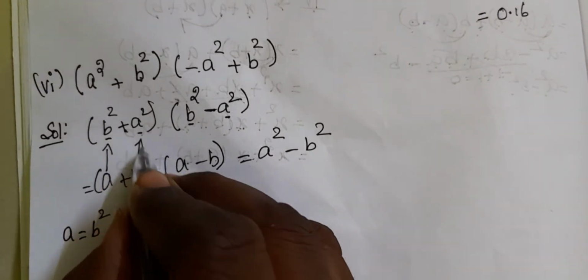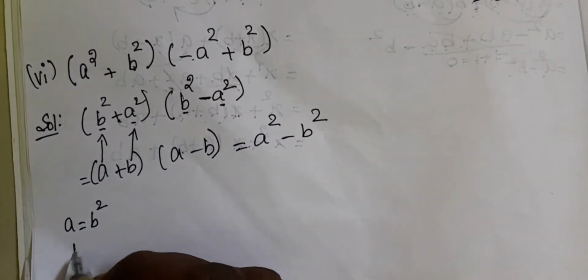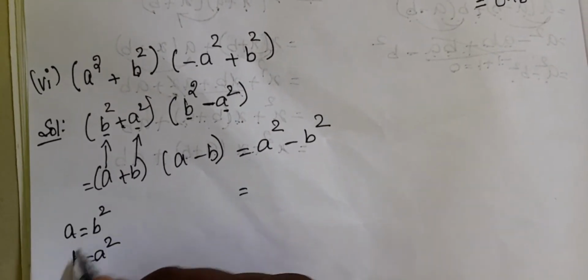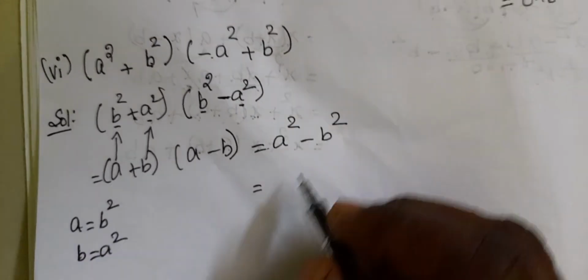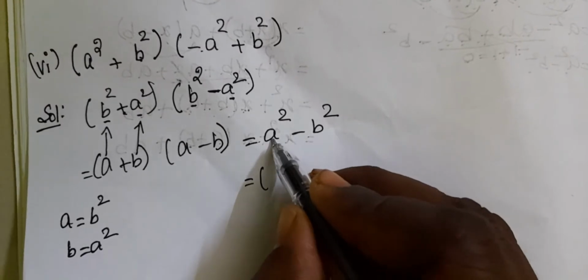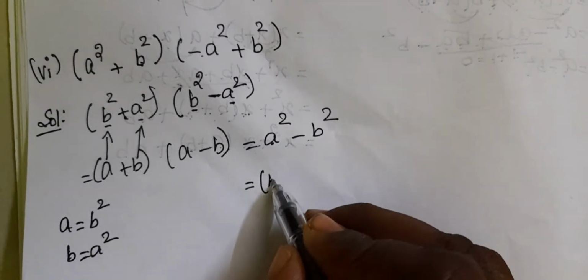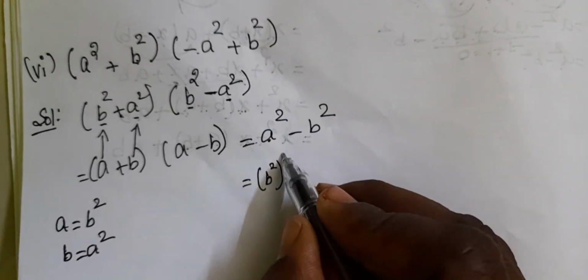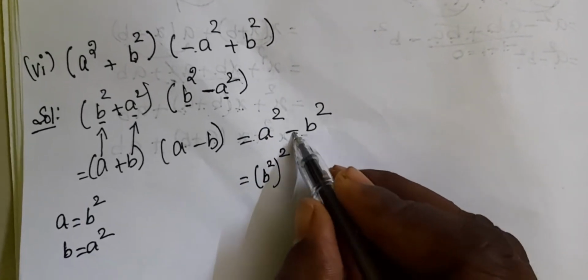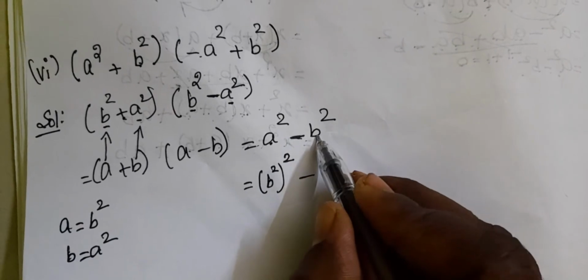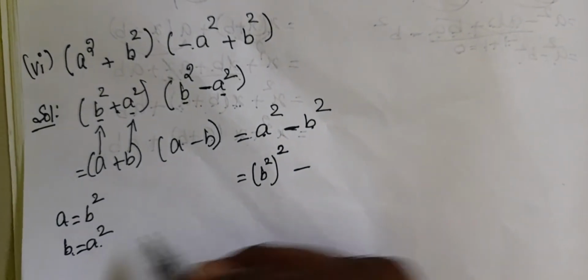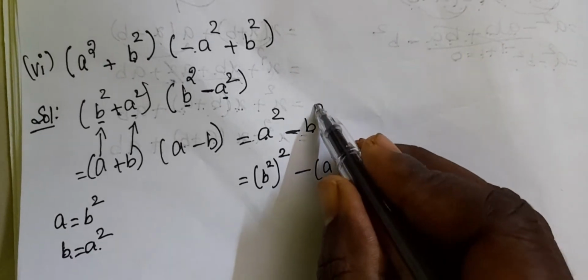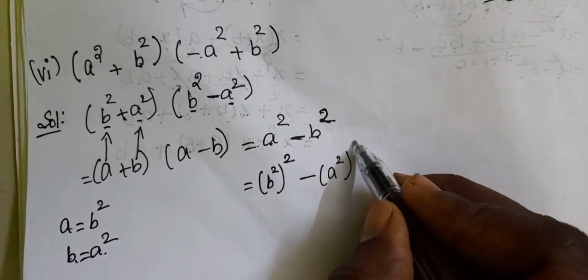Instead of b we have to substitute a square. In the place of a and b we are going to substitute these values. So a means b square, and there is already a square over it, so write the square too, minus b. b means a square. Then there is already a square over it, write that too.